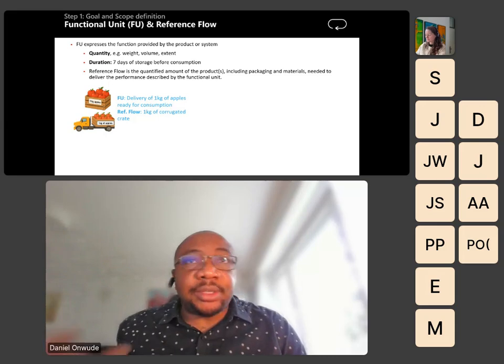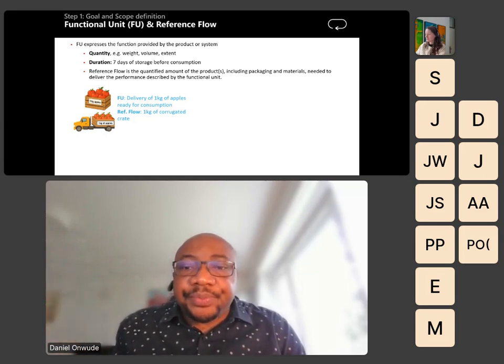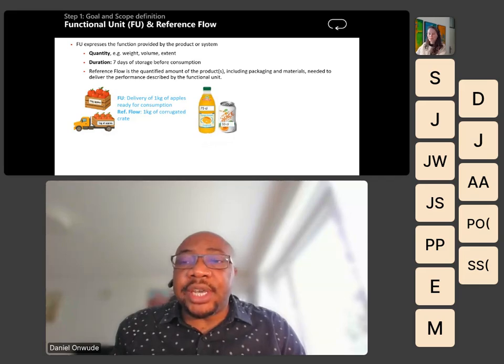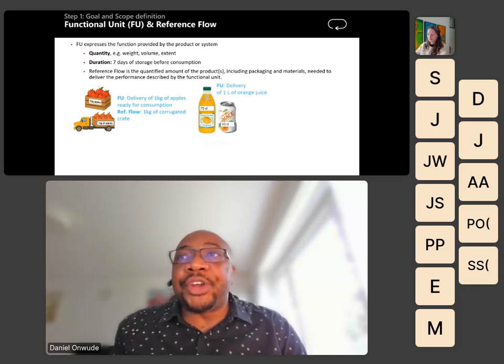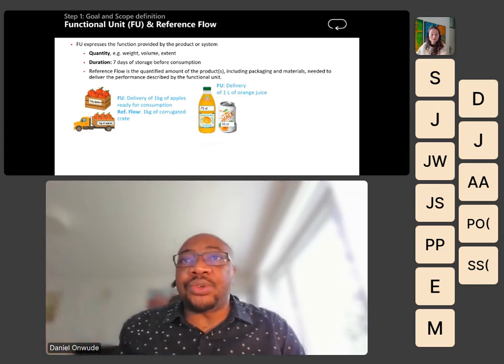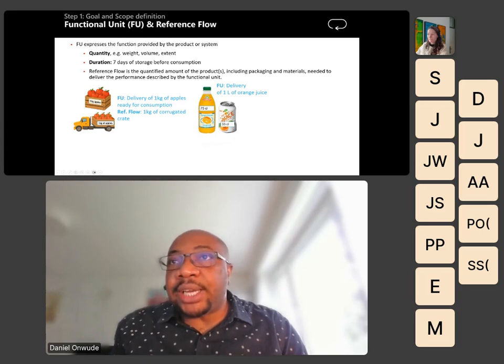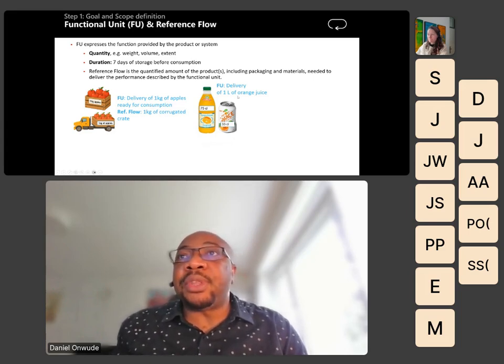Just to make it clearer, let me give you another example for comparison. Let's say, for instance, your functional unit is to deliver 1 liter of orange juice, right? And to do this, you could use a 75 cl orange juice bottle, and then you could also use a 33 cl juice can. So these two now make up the 1 liter of orange juice, right?